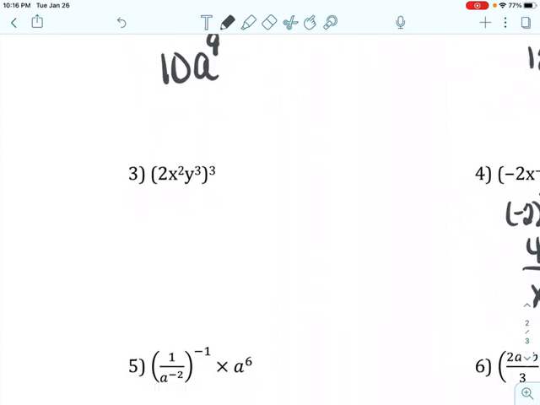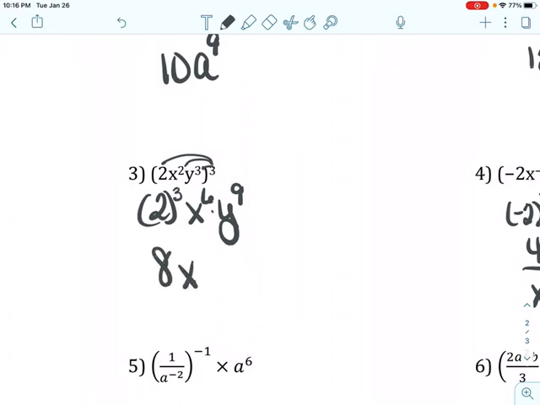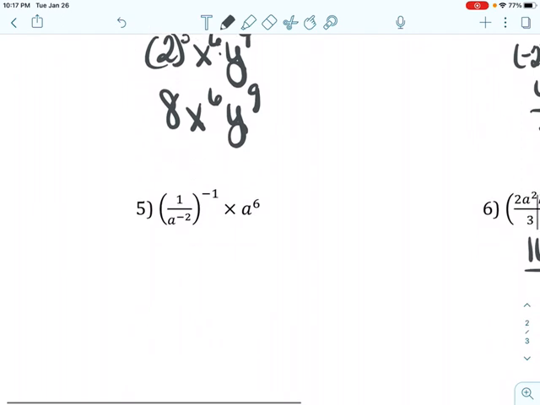Okay, so here, the 3 on the outside goes to everybody inside, including that 2. 2 cubed, multiply. Okay, so 2 cubed is 8. All right, this one looks hard. But I'm going to give everybody a negative 1 power.